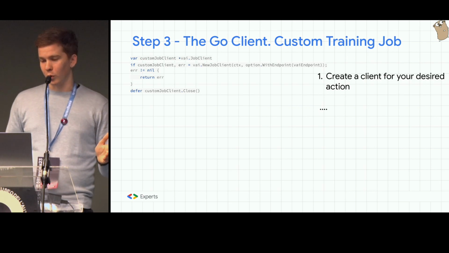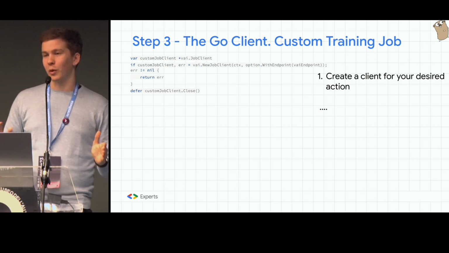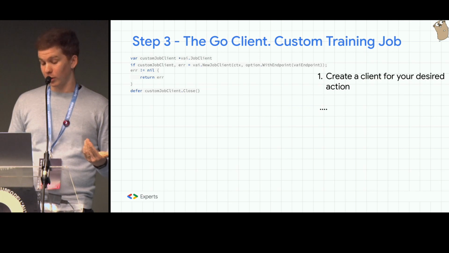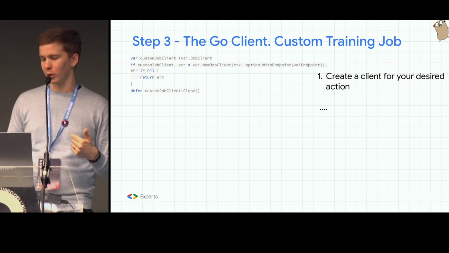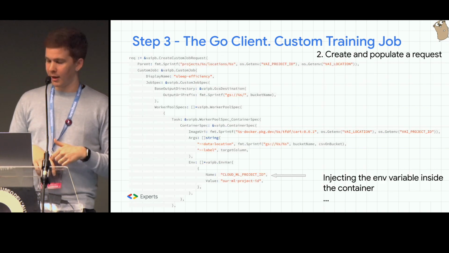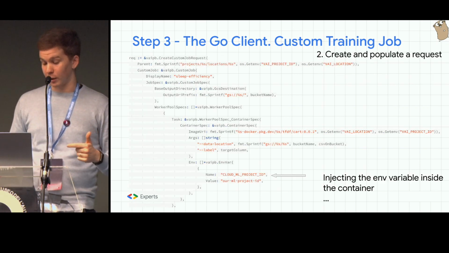Then we have to ask the cloud to create a training job. So we have to use the job client, that is the client that is able to communicate with Vertex AI to ask for the creation of training jobs. Then we have to create and populate the request.